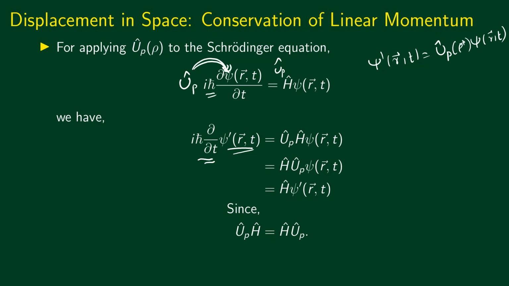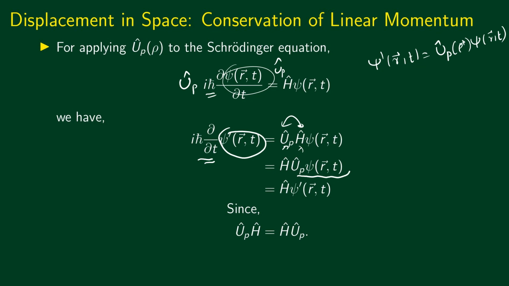And the right side becomes U hat H hat, U hat multiplying H hat acting on psi of r vector comma t. Now we see that psi prime obeys the same Schrödinger equation as psi provided U hat and H hat commute, right? Because if this unitary operator commutes with the Hamiltonian, we can write this as H hat multiplying U hat acting on psi of r vector comma t, all right?